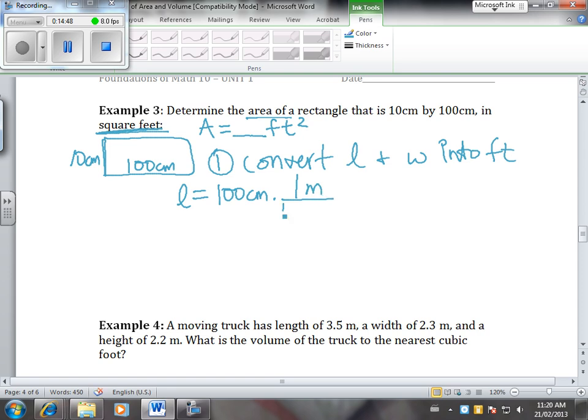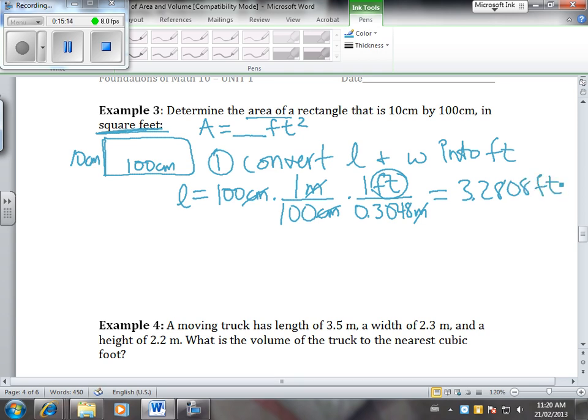In 1 meter, there's 100 centimeters, and in 1 foot, there are 0.3048 meters. So my meters cancel out, my centimeters cancel out, and I'm just left with feet. That gives me 3.2808 feet. I'm going to keep a lot of decimals right now because we still have quite a lot of work to do, and I want it to be as accurate as possible.